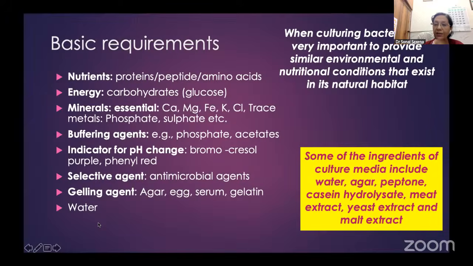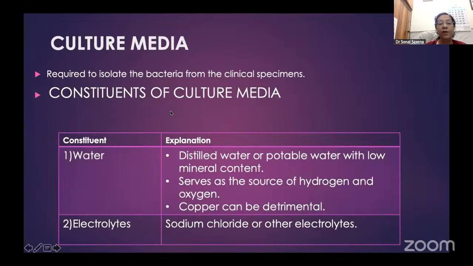So while culturing the bacteria, it's important that we provide all the environment and nutritional conditions which exist in their natural habitat. Some of these ingredients which we use are agar, peptone, casein, meat extract, yeast extract, and of course malt extract. So these are the ingredients that are very much needed.